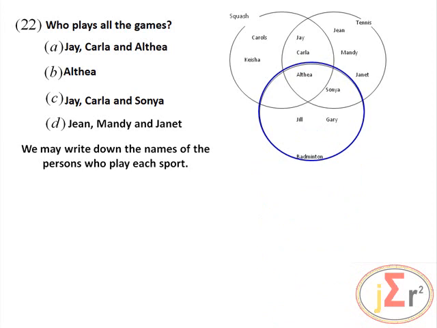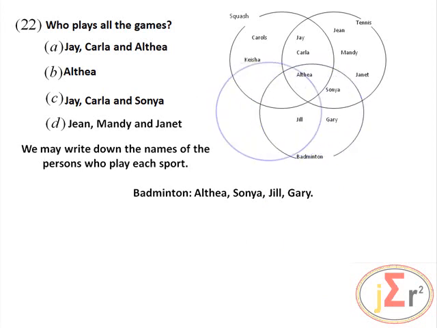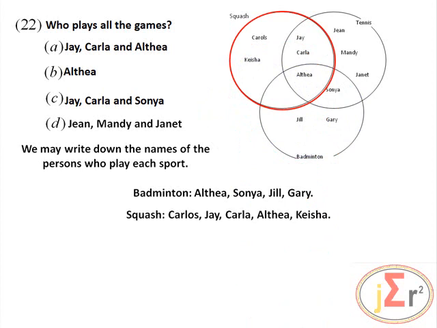So look at that set, badminton. It is highlighted by having the blue all around it. What are those students inside there? Althea, Sonia, Jill, and Gary. So let us look at those who play squash. Look at that set with the red around it.